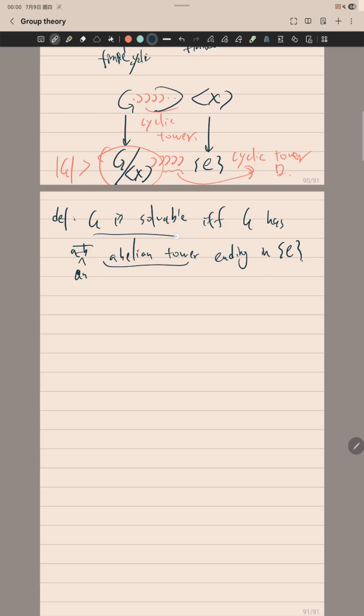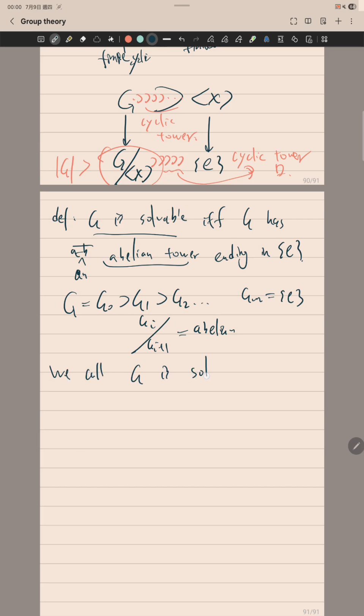So one equivalent definition is that G is solvable if G has a Sigley tower ending in identity. So basically, if you have this kind of thing, and G_i quotient G_{i+1} is abelian, then we call G solvable.